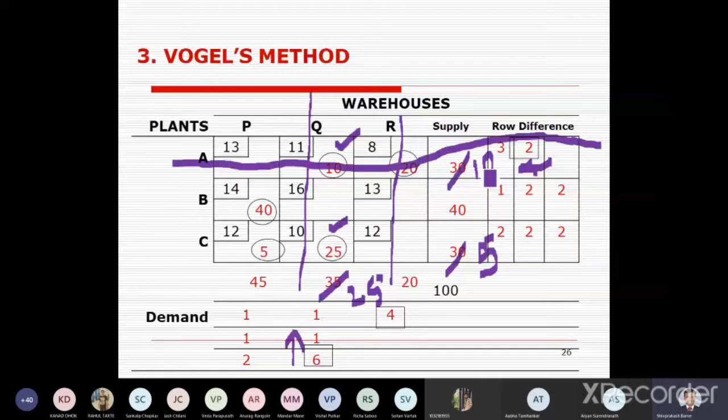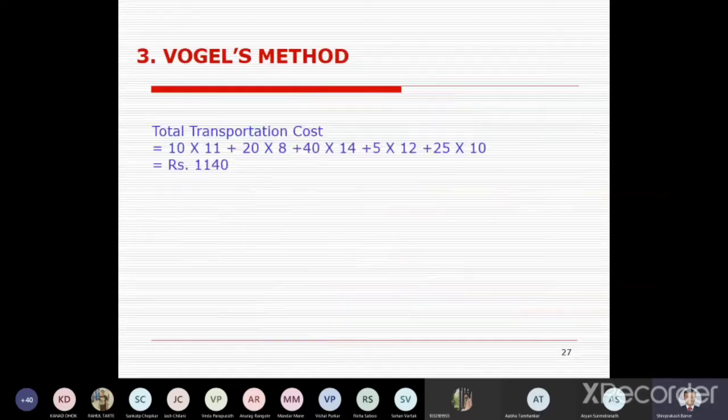So here, for a 3 by 3 matrix, allocations must be 5, and we are getting 5 allocations, which means the feasibility condition is satisfied. So here we find the transportation cost, and we get a transportation cost of 1140.